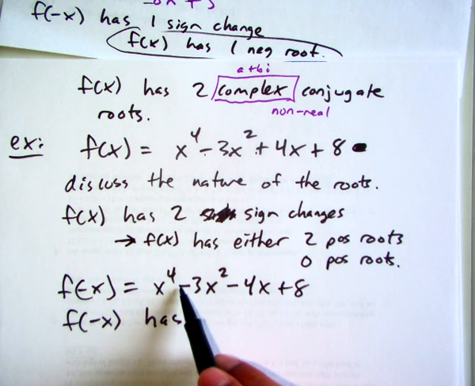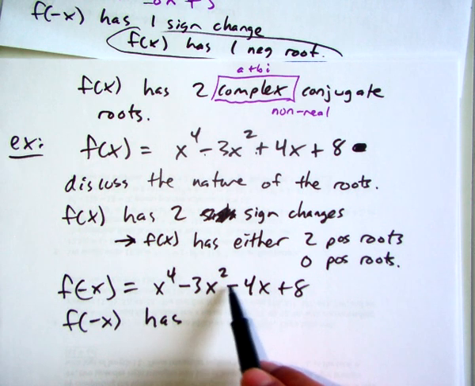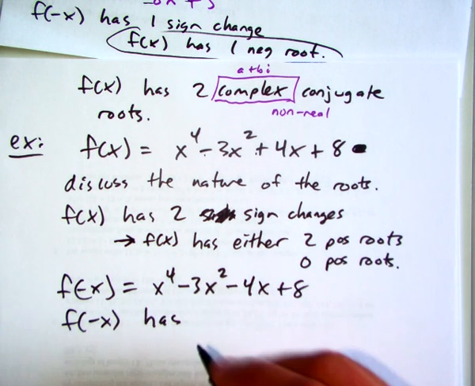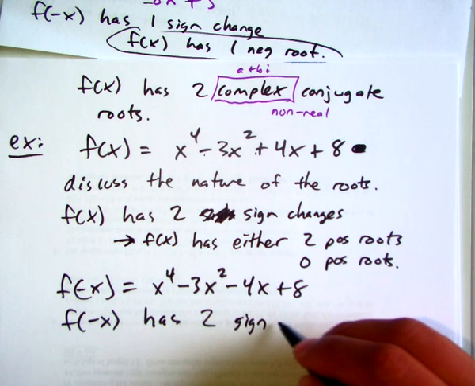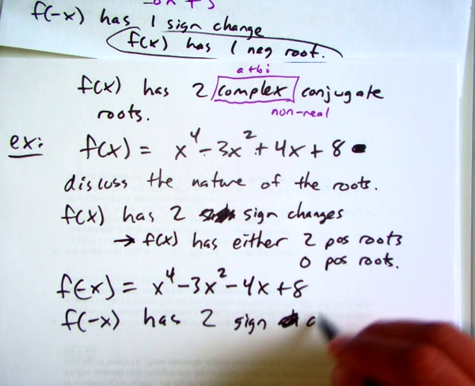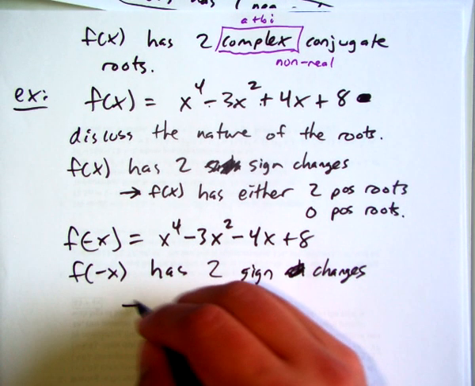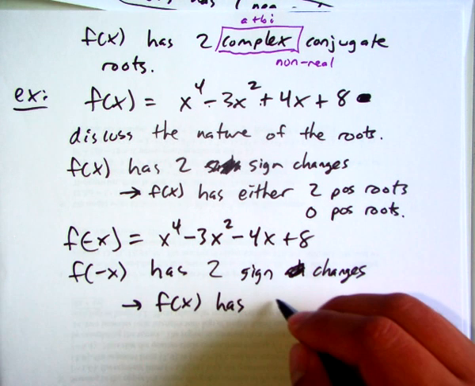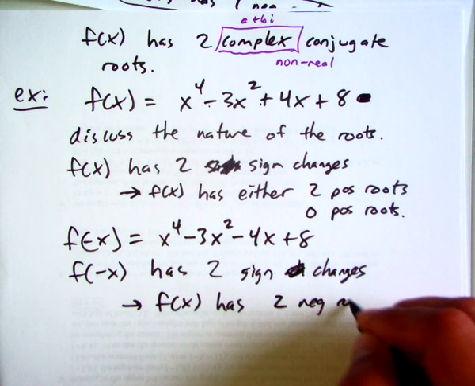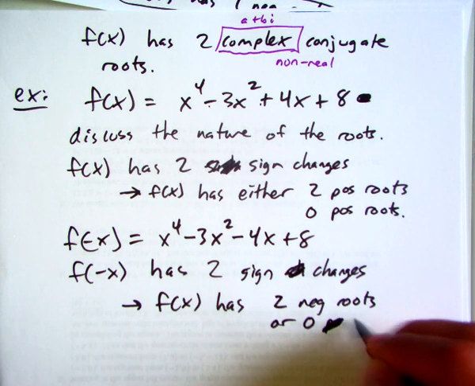That's one change. Negative to negative, nope. Negative to positive, though, that's another change. So f of negative x has 2 sign changes. So that means that f of x could have 2 negative roots or 0 negative roots.